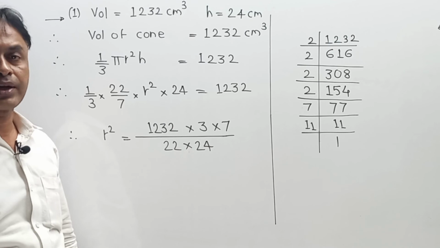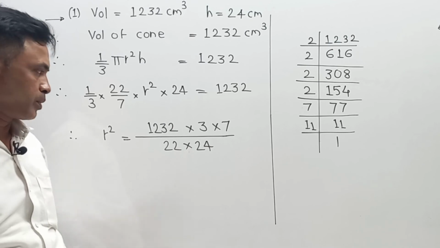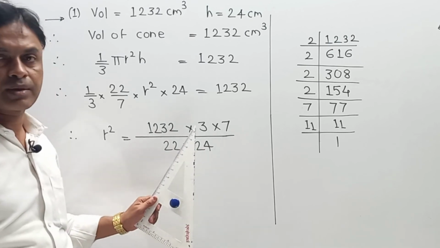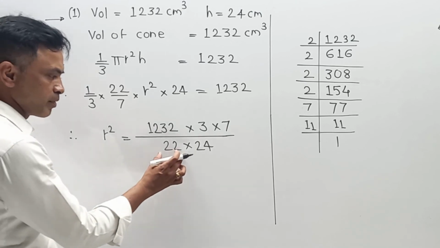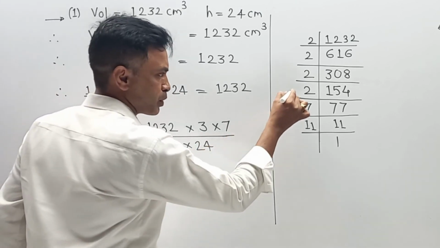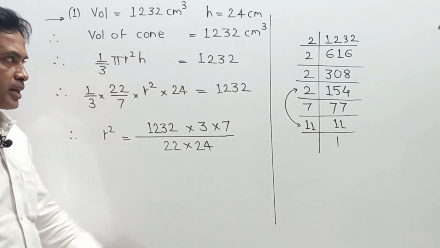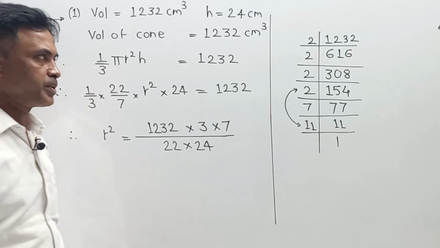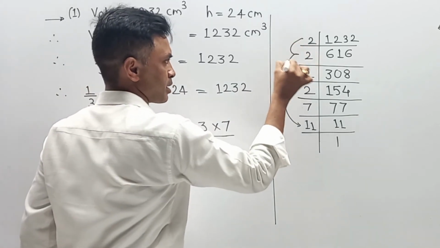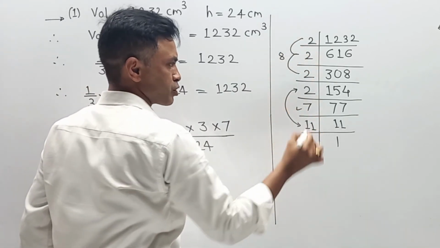Now identify one by one, and the logic must be very clear, because now we have to dissolve this step. It contains one number, that is 22. If you write 11 into 2, you will get directly 22. Next, 2 into 2 into 2 becomes 8, and this 7 is also over there.